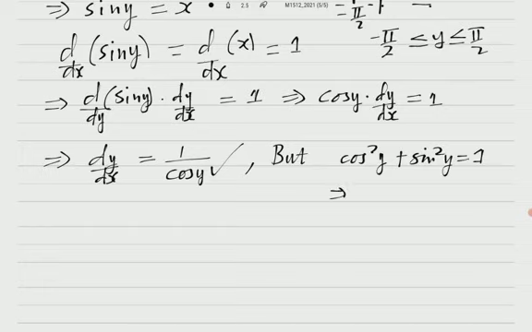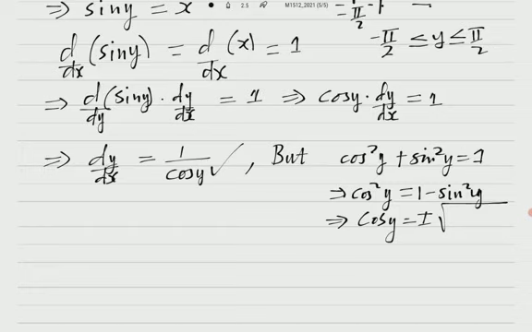And we can simplify this to have cos squared of y equal to 1 minus sine squared of y. And we can even go further and solve for cos of y. Cos of y in this case becomes plus or minus square root of 1 minus sine squared of y.